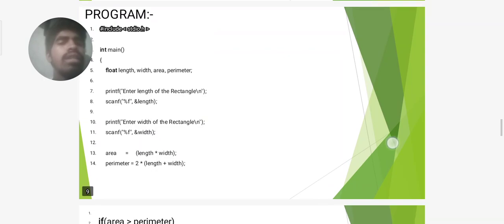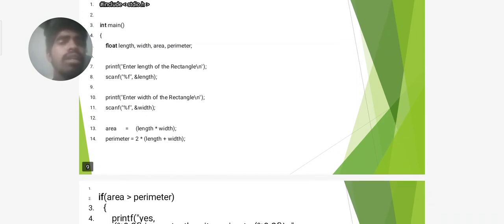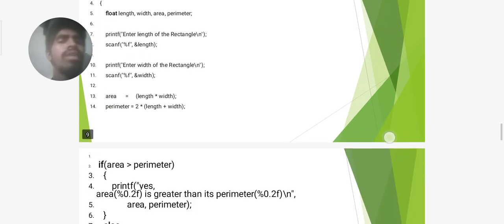Then printf "Enter the length of the rectangle\n", scanf "%f" and length. Printf "Enter the width of the rectangle", scanf "%f" and width.